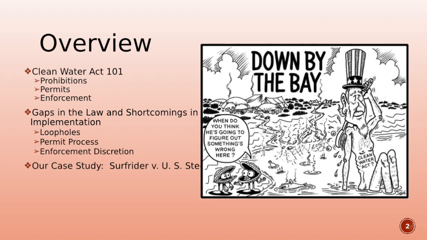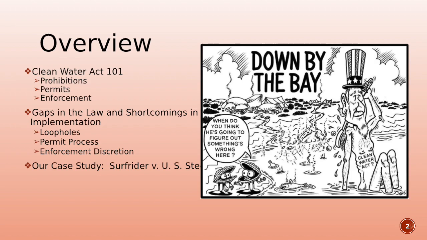I'm going to do that by focusing on the paradigmatic problem that act tries to solve, which is the discharge of pollution from industrial facilities to significant bodies of water. The way we'll proceed today is by starting with the basics of the Clean Water Act, what it prohibits, how it operates through issuing permits to entities who want to discharge into water bodies, and how those permits and the law are enforced.